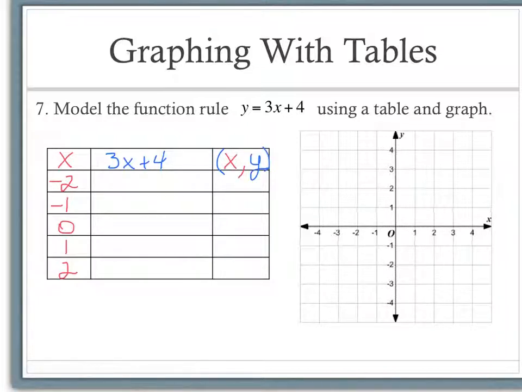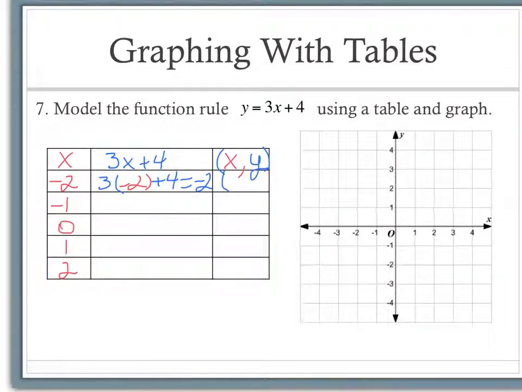So just like the last example, we're going to plug in our x values for x and then find our y values. So I'll take 3 times negative 2 plus 4, and I get negative 2.